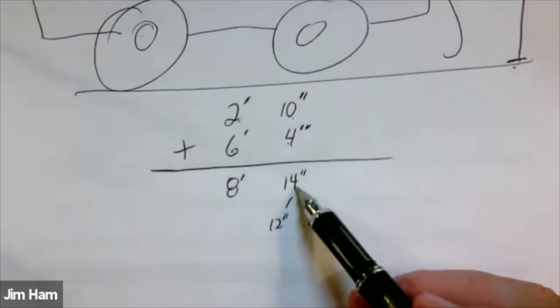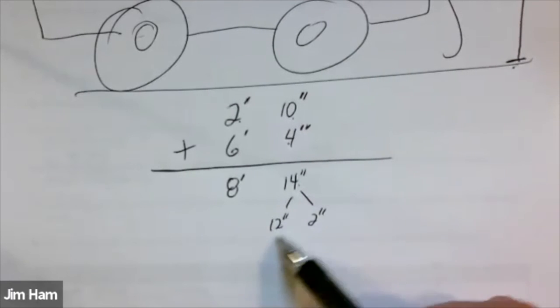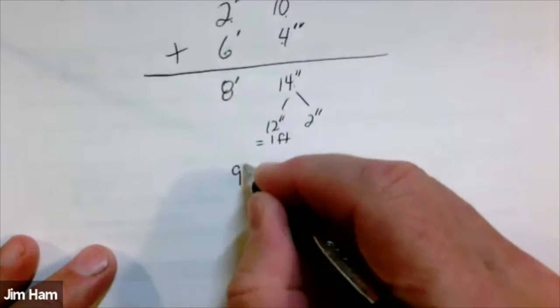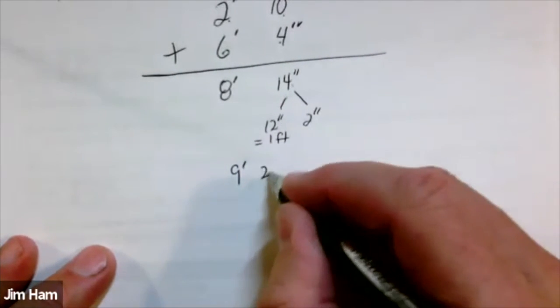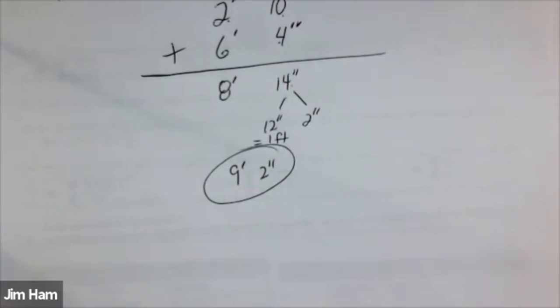So you're going to break down the 14 into 12 inches and 2 inches, because 12 inches is equal to 1 foot. And so you put the 1 foot with the 8 feet, and you get 9 feet, and then you've got 2 inches left over. So together, if you add 6 feet 4 inches and 2 feet 10 inches together, you're going to end up with 9 feet 2 inches.